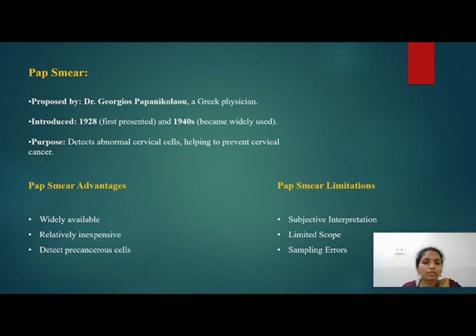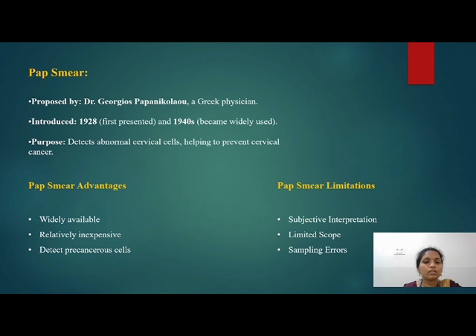Pros: they are widely used and accessible, effective at early detection of precancerous lesions, and cost effective for mass screening. Cons: they may miss abnormal cells, require skilled cytologists, and are less effective in detecting adenocarcinoma compared to squamous cell carcinoma.